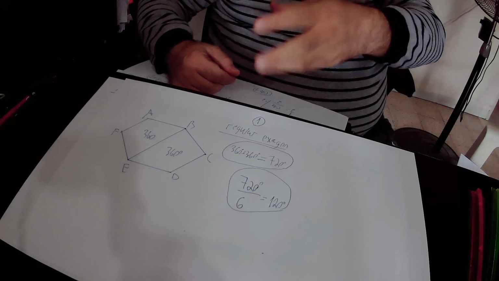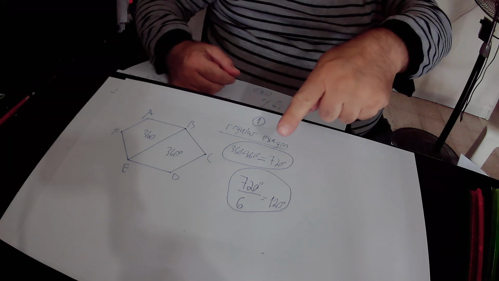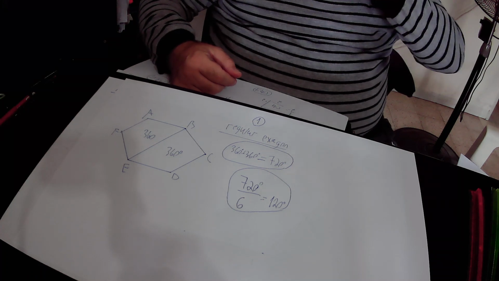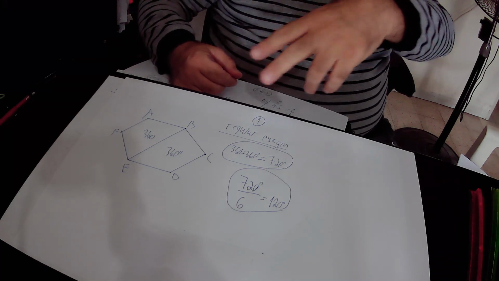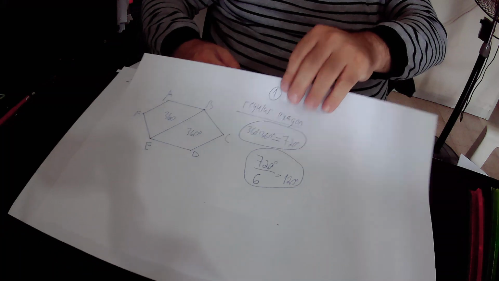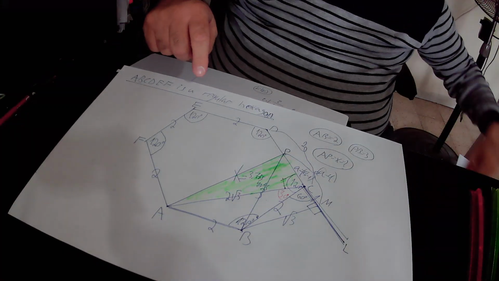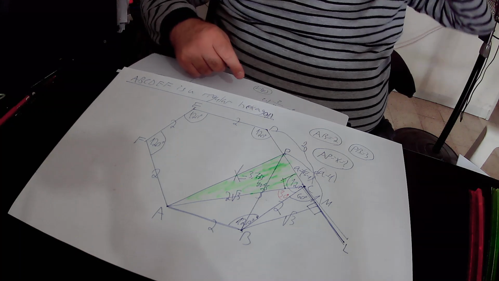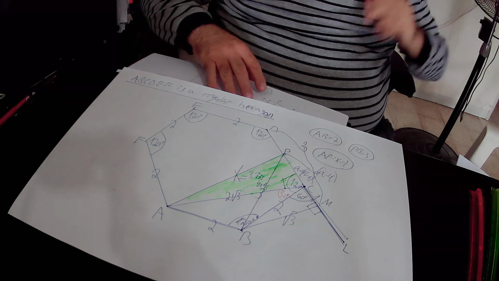Why? Because they are equal to each other. So 720 degrees over 6 is 120 degrees. So we found out that the size of this angle in any regular hexagon is equal to 120 degrees. So we can write down that all those 6 interior angles are equal to 120 degrees in their sizes.